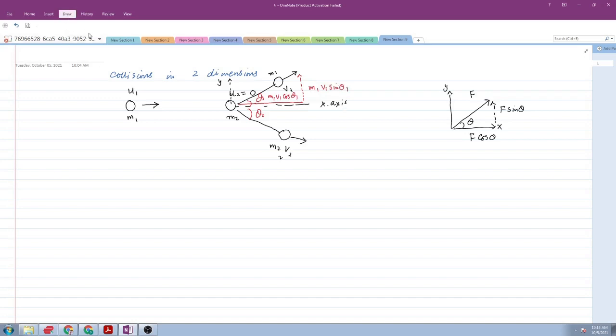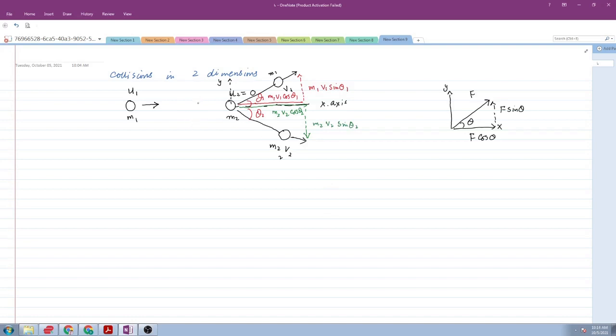Similarly for the target ball, this is our horizontal component and this is our vertical component, equal to m2 v2 cosine theta 2 and m2 v2 sine theta 2. So this is our diagram.